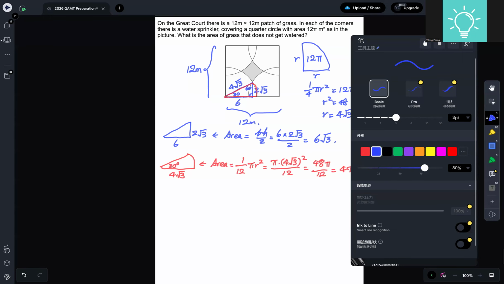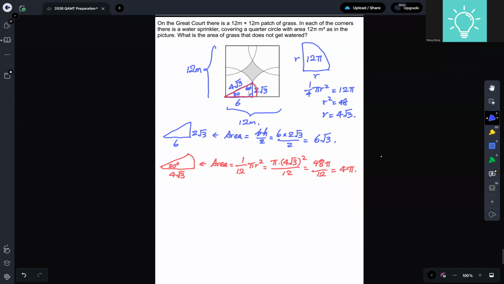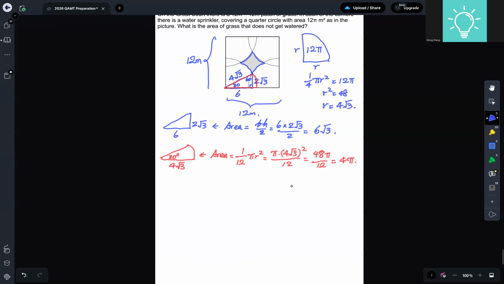So the area of the grass that does not get watered, because these are water sprinklers sprinkling, this is the area that we want, right? So this is a bit of sloppy notation. The area of this. So can we say the big square? We take the big square and we subtract 4 times the quarter circles, right?